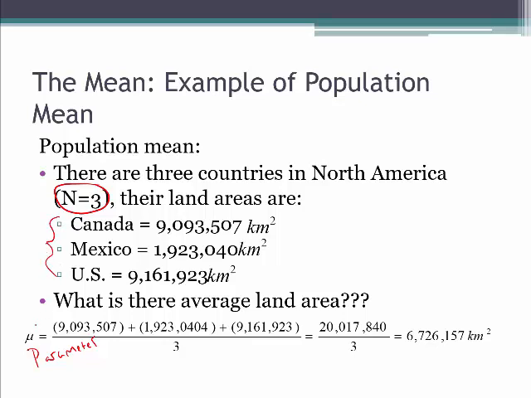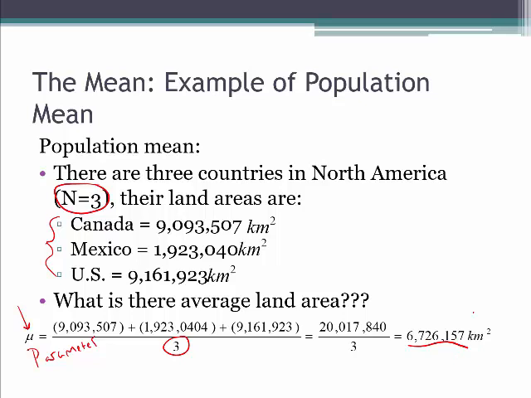It's not a sample, it's not a subset of the population, so it gets this notation mu. And you're just going to add up all their values, divide by how many there are, and we would say that the population mean average land area here is basically 6.7 million kilometers squared.